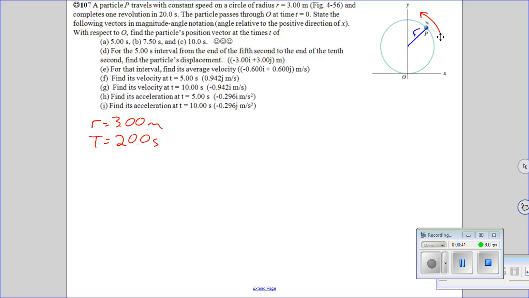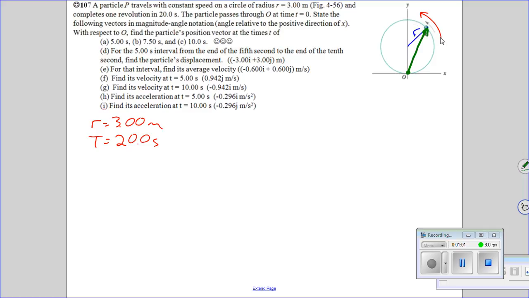Now, the question wants to know some information about the position at certain times. So your position, remember, is actually the vector that points from the origin to the object's location. Unfortunately, we usually use r for position, but that overlaps with our radius, and our radius and our position are not equal in this problem.